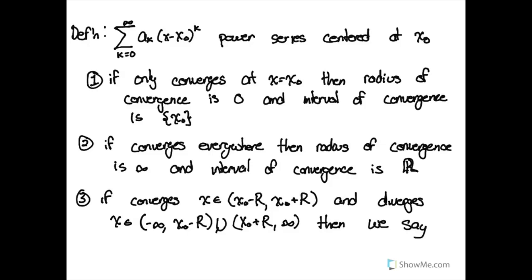And again, you can very easily show that if there's convergence at some points and divergence at other points, then it's going to be of this form. So then we say R is the radius of convergence.